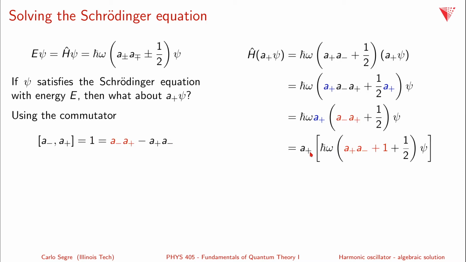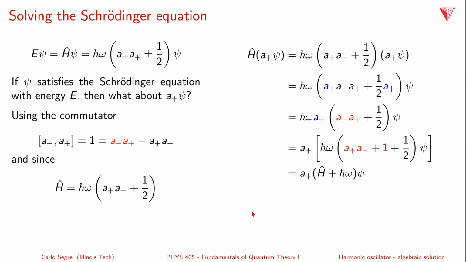Right? So I put that in. I now have the A plus out in the front. I have h bar omega. I have A plus A minus plus 1 plus 1/2 applied to psi. And since we know that the Hamiltonian, which was up here, was A plus A minus plus 1/2 times h bar omega, I can pick out this term and this term, which are just the Hamiltonian, and then have an extra 1.